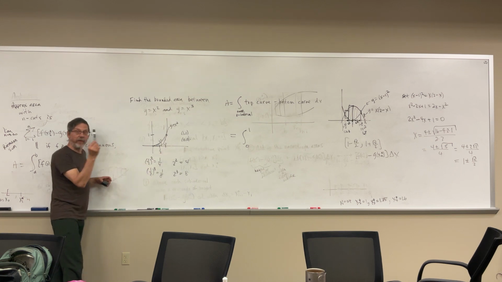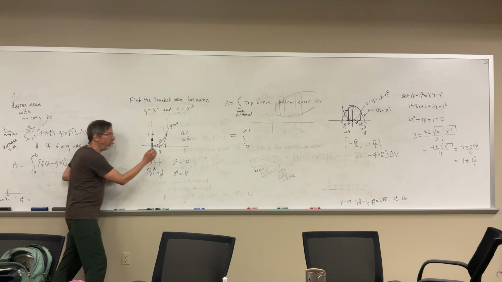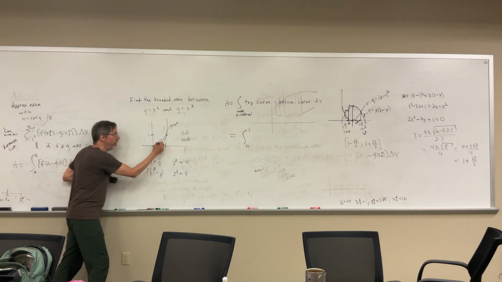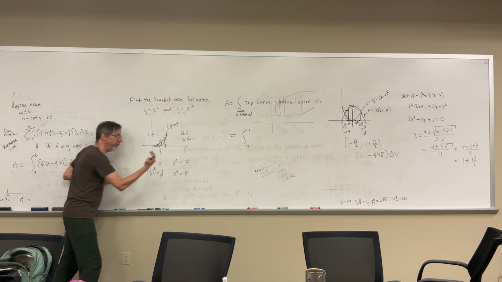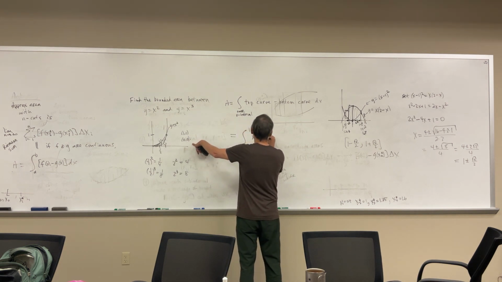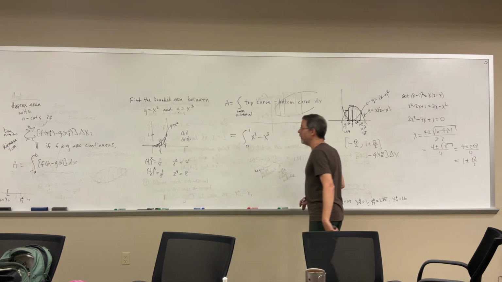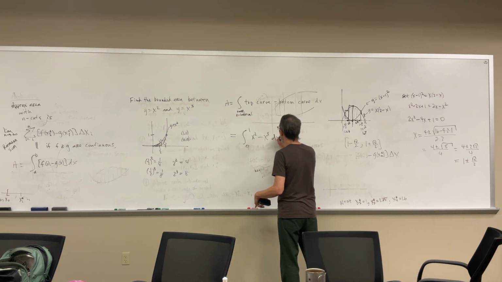Does that make sense? Think about the slices we were making. They were vertical slices, and we cut from 0 to 1 to get those little rectangles. You just want to think, what is the range of the rectangles that I'm doing here? The top curve is going to be x squared, the bottom curve is x cubed. In this range, dx, that's it.